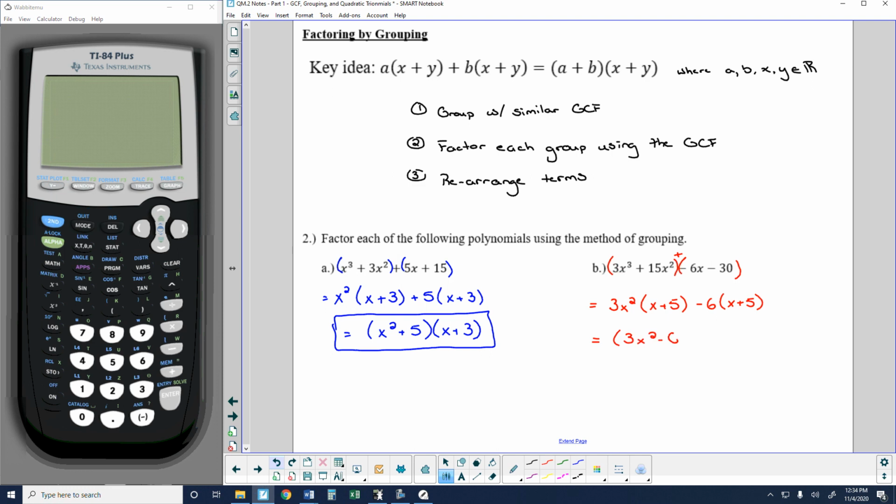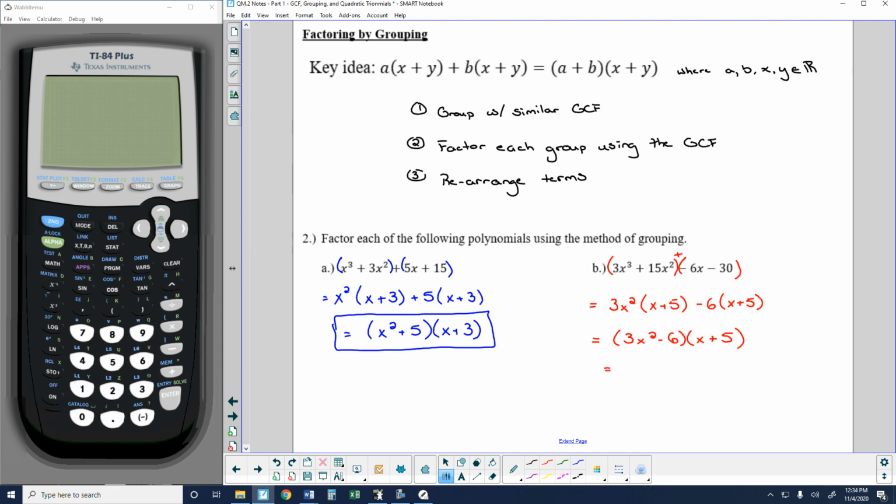Now, notice something that I didn't do right away that I probably should have done, but means I'm not finished at this point. Initially, if I had looked at this polynomial, I would have noticed that each of the terms has a GCF. That GCF is 3. So I probably should have started by factoring out the GCF. If I didn't, that's okay, because down here, notice in this set of parentheses, they have a GCF.